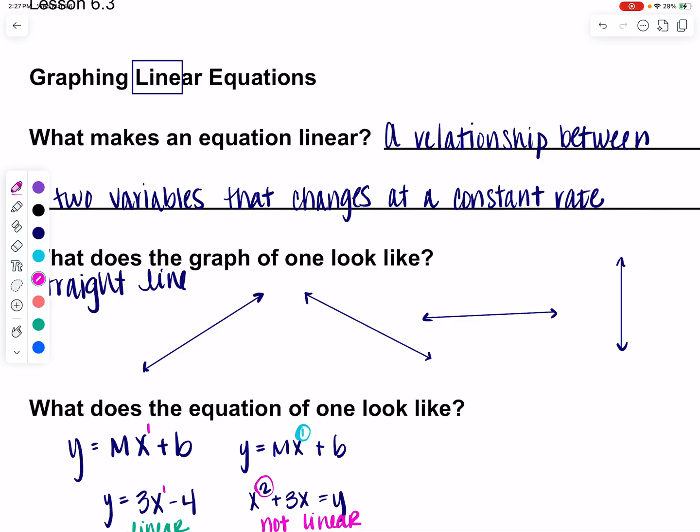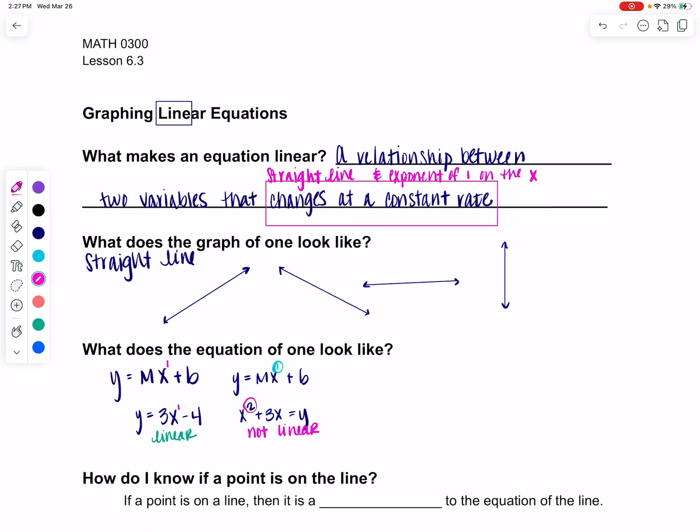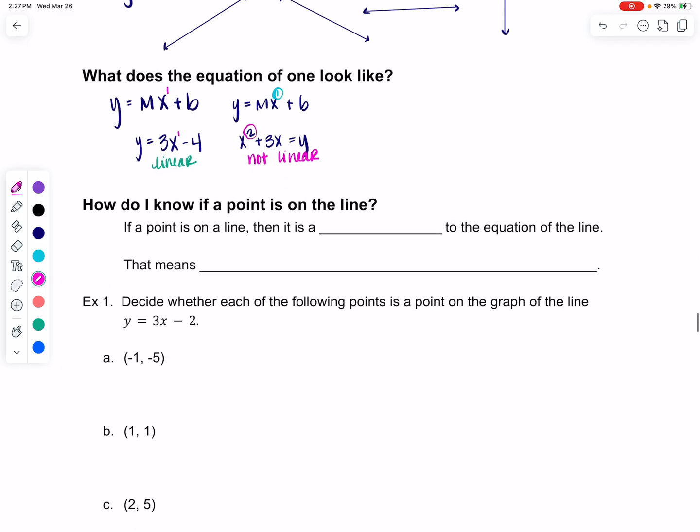And this constant rate gives us the straight line and the exponent of 1 on the x. So those two things combined give us a linear equation.